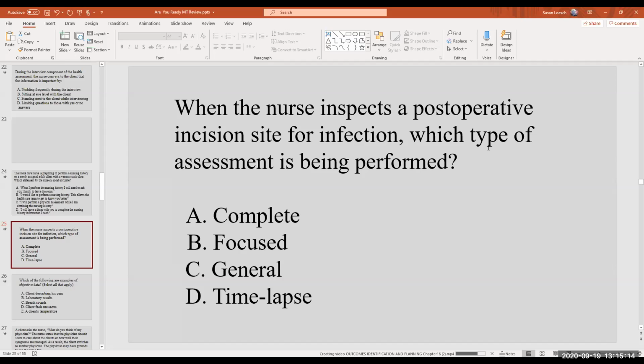So a time-lapse assessment is one that is scheduled to compare a patient's current status to baseline data obtained earlier. Say someone had surgery. After the surgery, you're going to do an assessment within 15 minutes, then another at 30 minutes, then in an hour, and then in 4 hours.